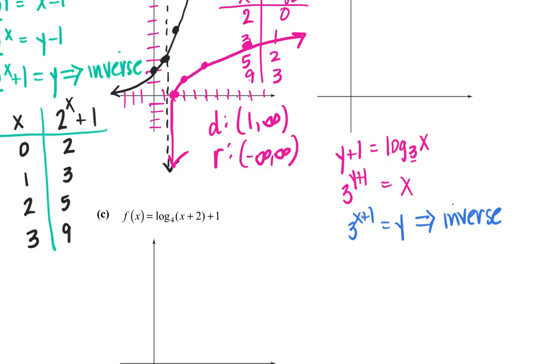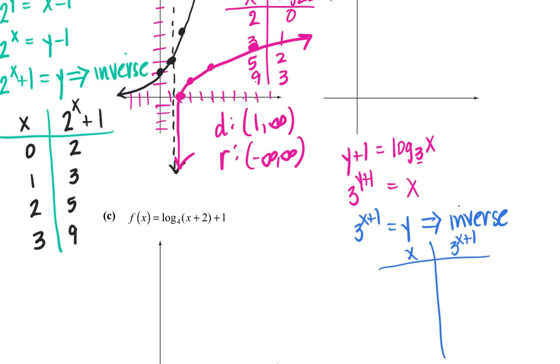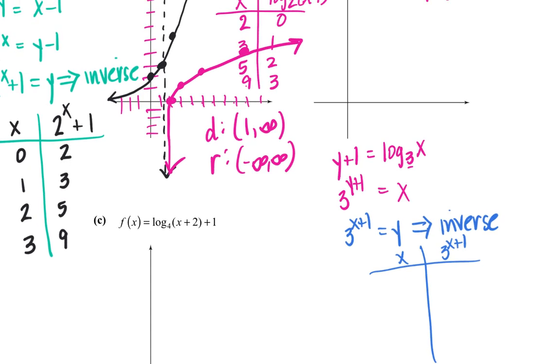So I'm going to create my table for the inverse. So 3 to the x plus 1. Let's choose -1, 0, and 1.